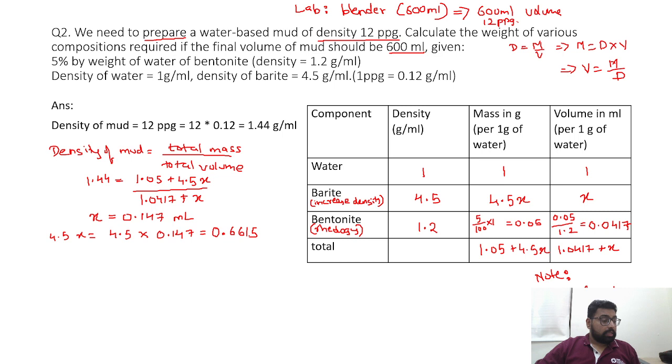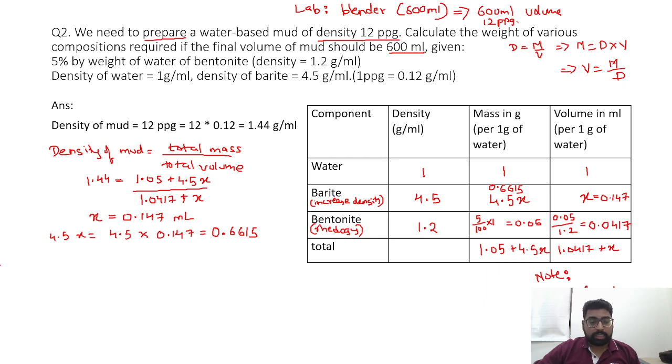Now, if you look at this final calculation, you have got all the unknowns. So after you put the values, you get x as 0.147 and this 4.5x you get as 0.6615. Now you have all the volumes and everything.